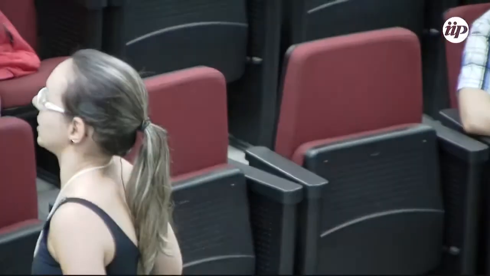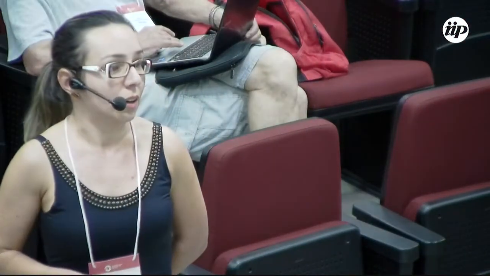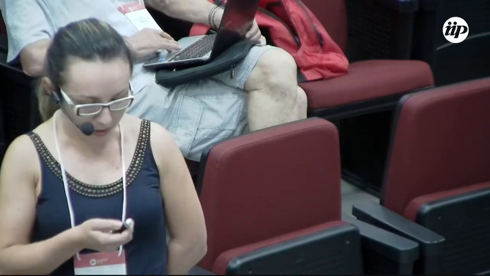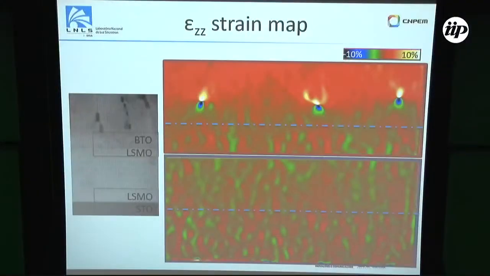And then we have about 3%, exactly like we would expect. And when we go to the other direction, we see here the dislocations. We see actually a uniform, homogeneous strain with the dislocations in the other direction.